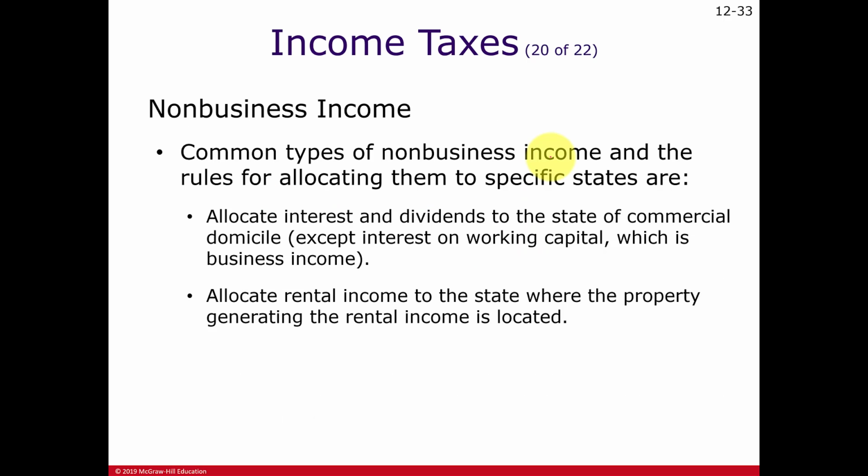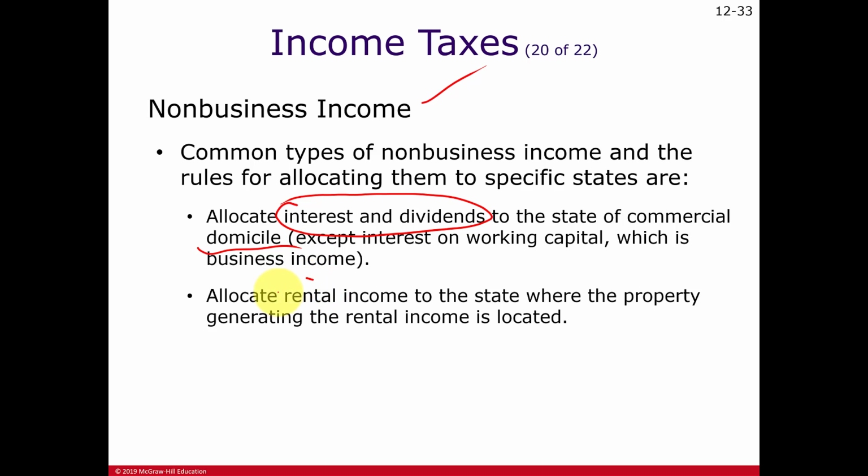Okay, that was business income in the previous slides. Now, allocating or assigning non-business income to each state. Typically, the investment type income, interest and dividends, you assign it to the corporation's state of domicile.